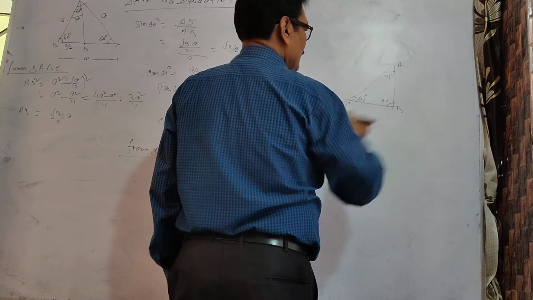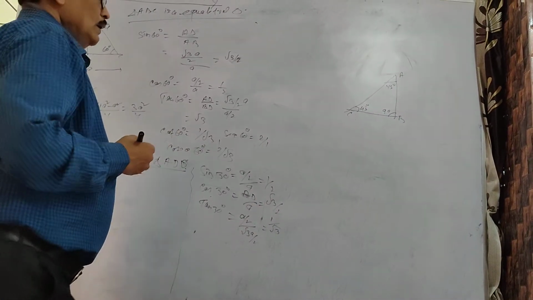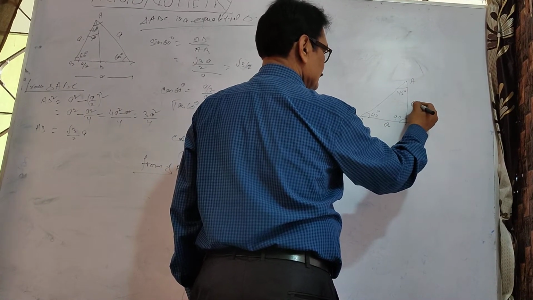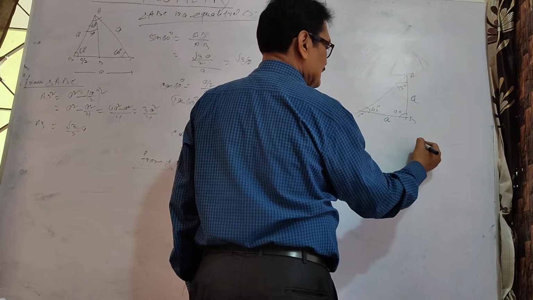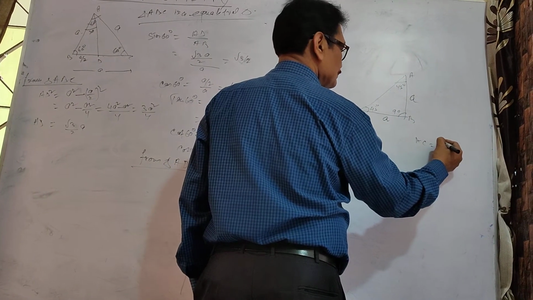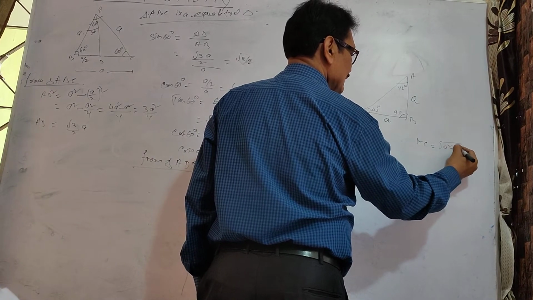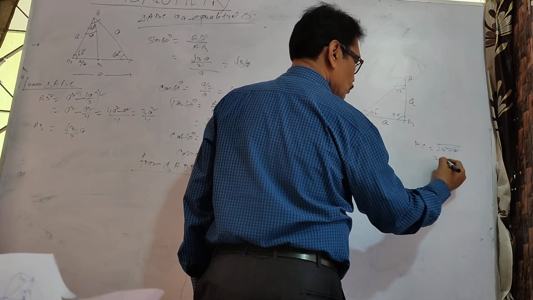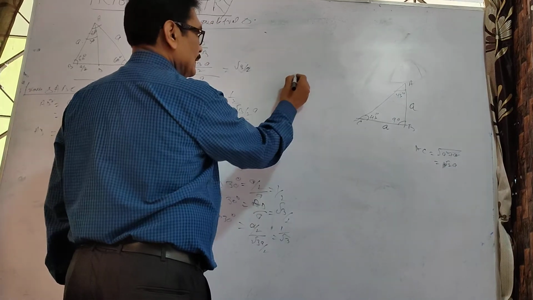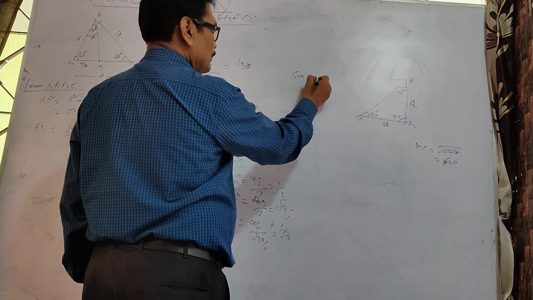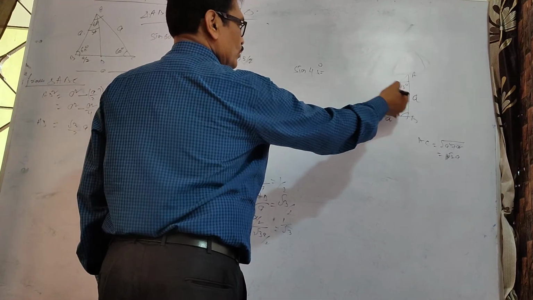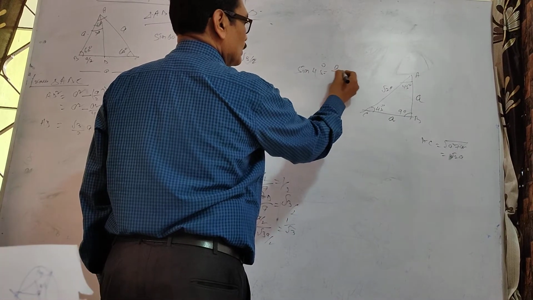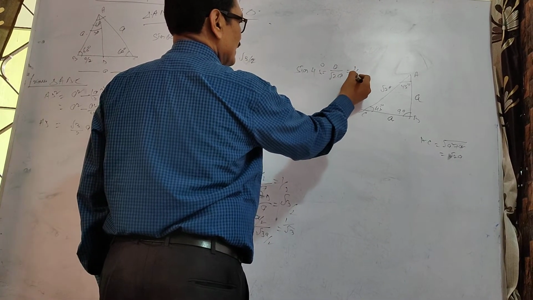In this right angle triangle, if this is A and this is also A, then this hypotenuse AC will be root under A square plus A square, that is root 2 A. So we can write sine 45 degree is equal to perpendicular upon hypotenuse root 2 A. So A upon root 2 A. This is 1 by root 2.